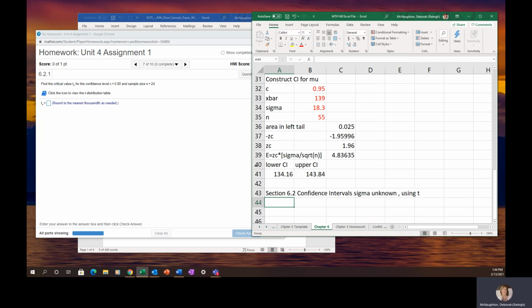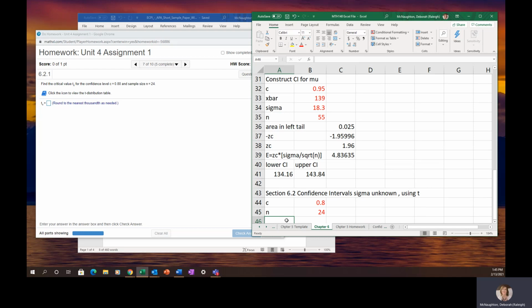So let's start with, just like we did here, we would put in our confidence level c, and we need n. In order to get the t_c, the critical value for a t-test, we need two things. For z, we only needed c, but for t, we need two things, c and n. So if our c is 0.8 and our n is 24, I'm going to again show you two ways to do this.